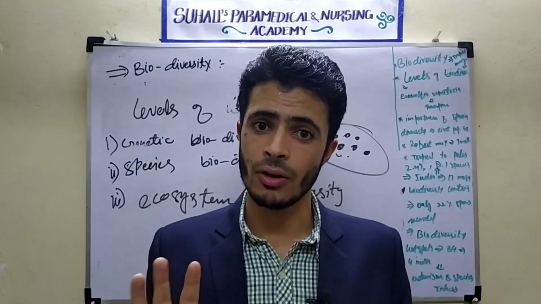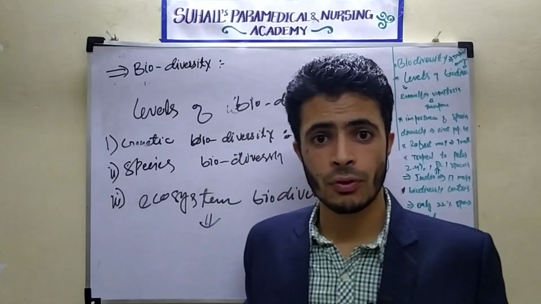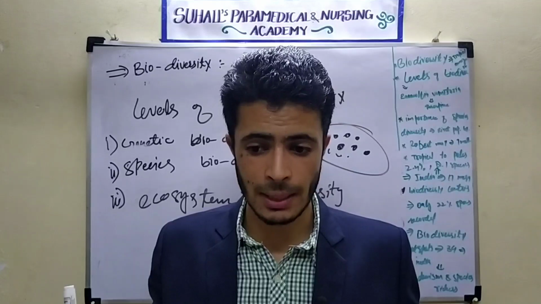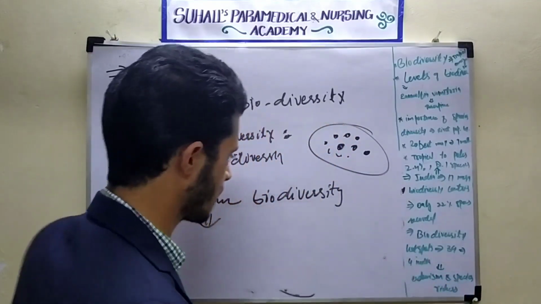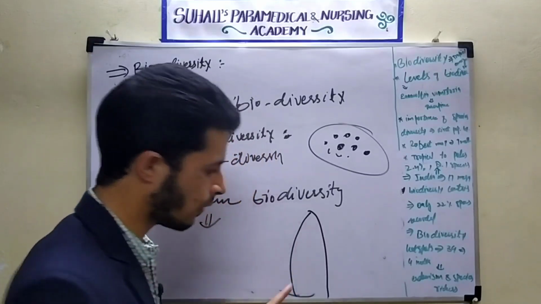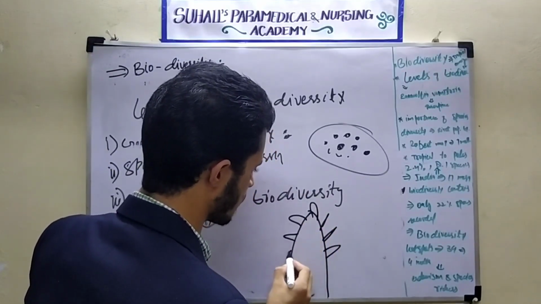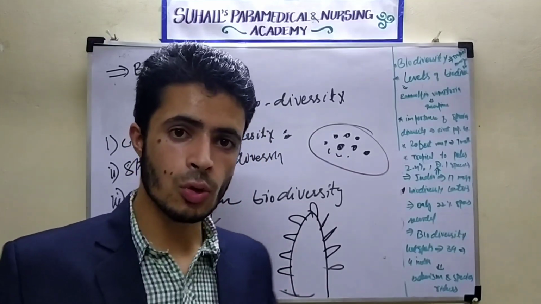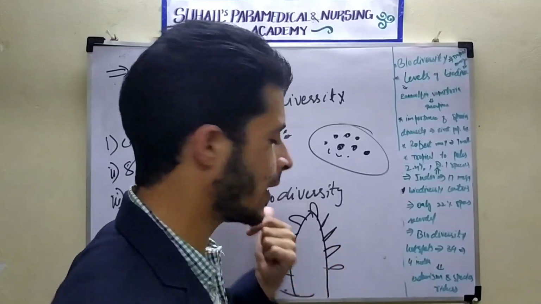They have converted their leaves into thorns. One plant has converted its stem into a phylloclade and made the thorns. This plant is also available around us. This is the desert. So different varieties and variabilities are found among the species at the ecosystem level.